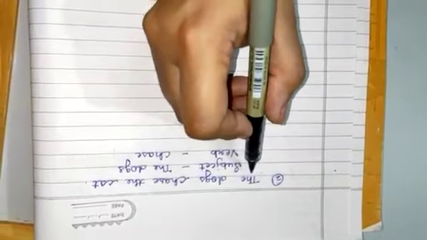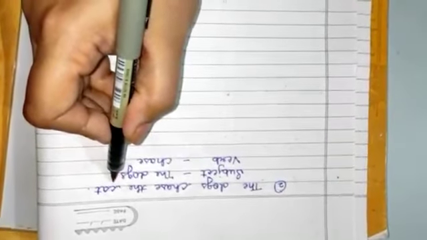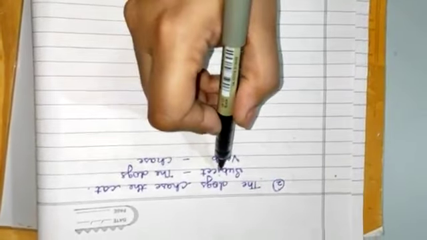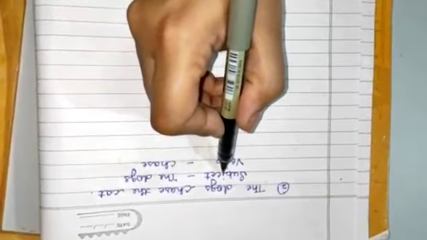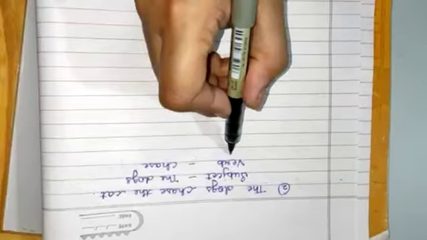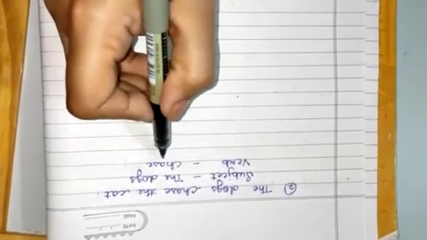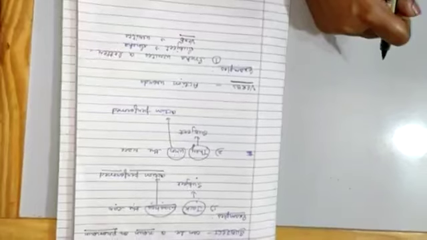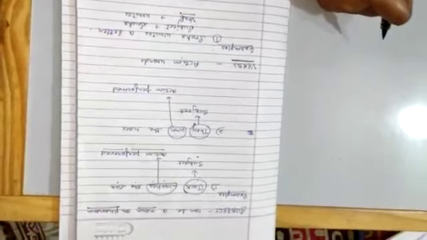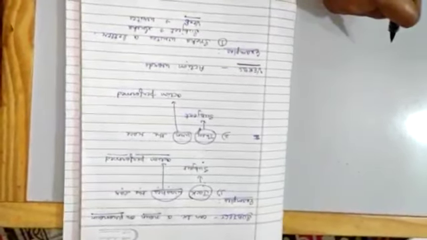The dogs chase the cat. Here, the subject about which we are talking about is the dogs, and the verb is chase. The action which is going on is chase. I hope you all are clear with the subjects and verbs.